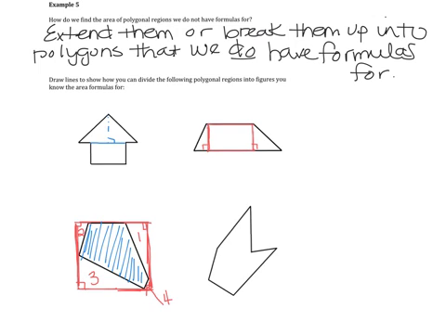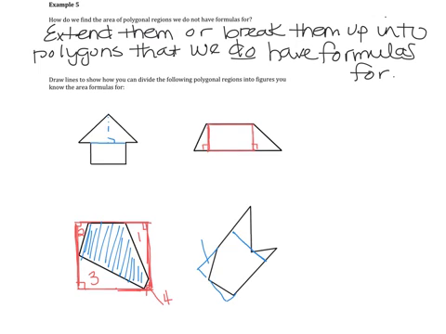So this last one is very odd looking. What I would do is make a right triangle here, a right triangle here, and maybe draw a line down here. So you're going to have a combination of subtraction.